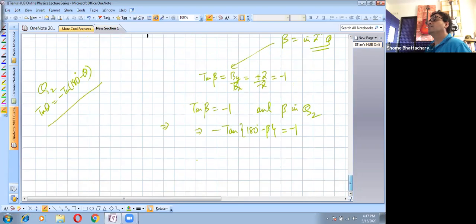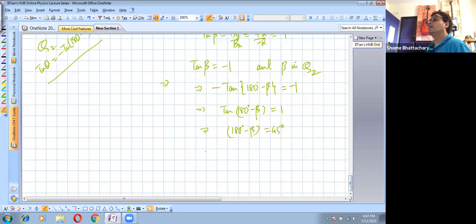Or next step, I can understand that tan of 180 degrees minus beta is 1. Just cancel the minus sign on both sides. So 180 minus beta is how much? It is 45 degrees. Which means that the angle beta, as you can see in the diagram, is an obtuse angle. And precisely its value is how much? 135 degrees. So we have got beta as 135.